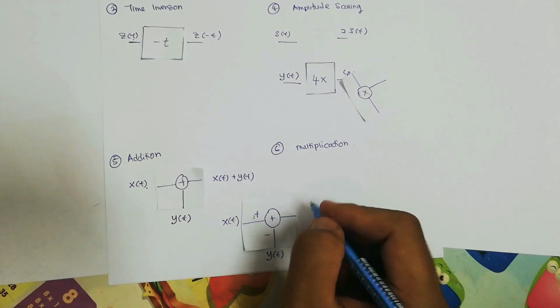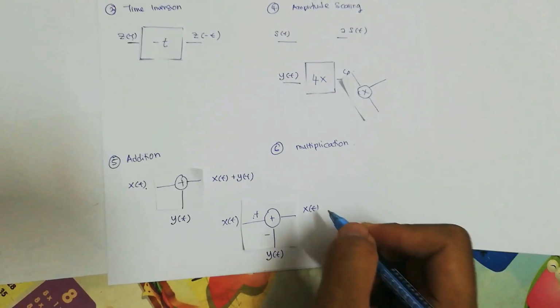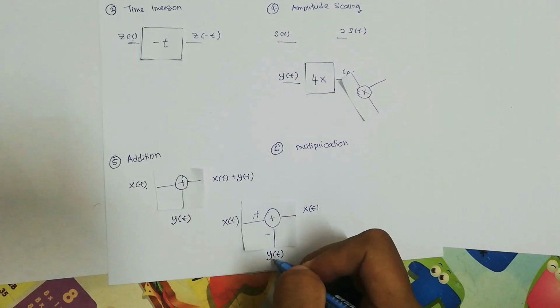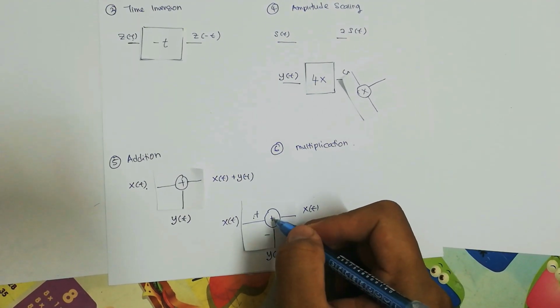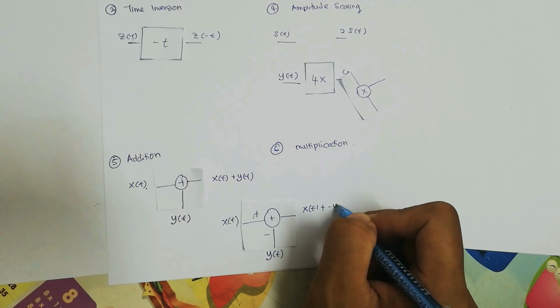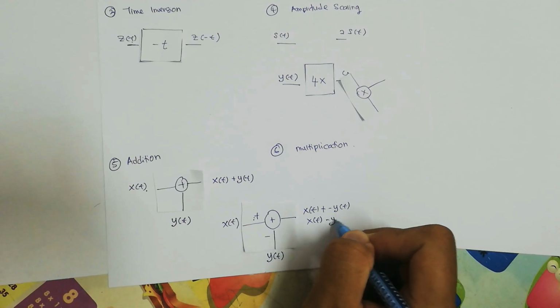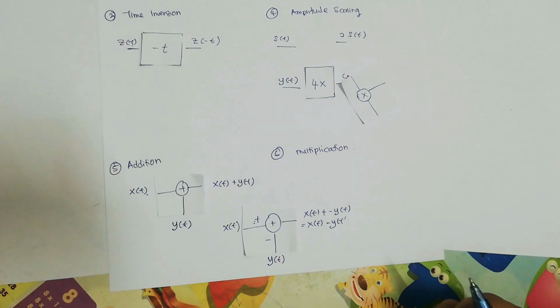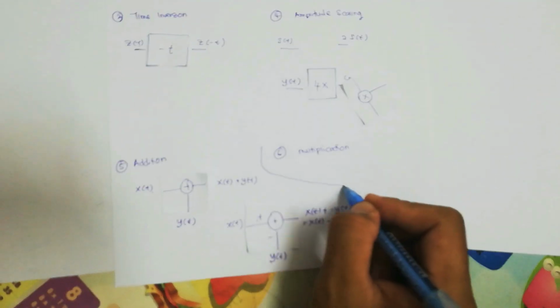You multiply x(t) by positive, so it stays positive, and you multiply y(t) by negative, so you have negative y(t). You add x(t) plus negative y(t), so the output will be x(t) minus y(t). So this one is the addition.